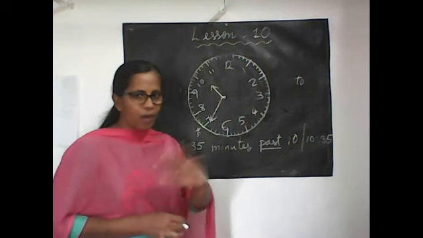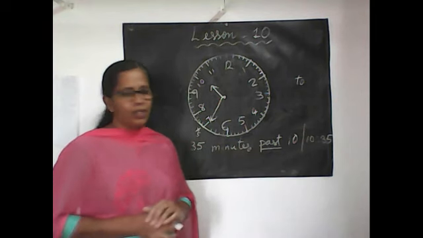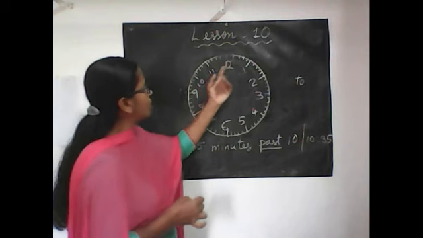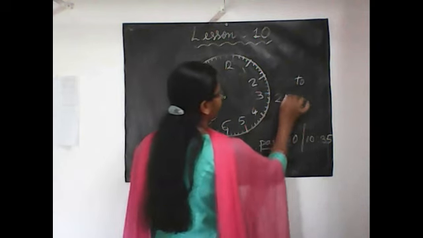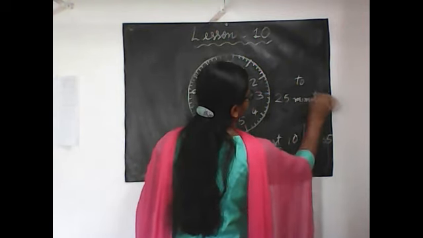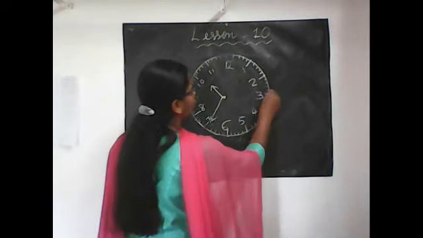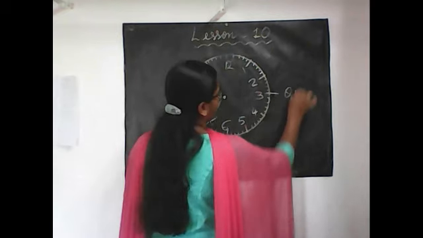Not past minutes, but how many minutes after it will be 11 o'clock? That is 5, 10, 15, 20, 25 minutes. So, we'll say 25 minutes to 11.